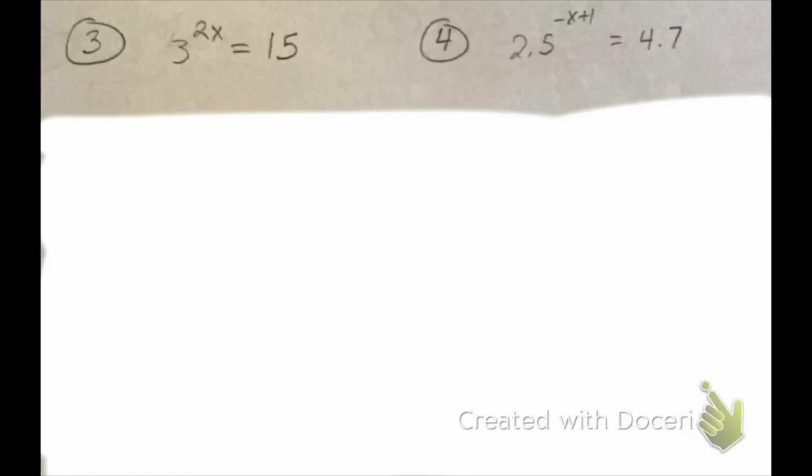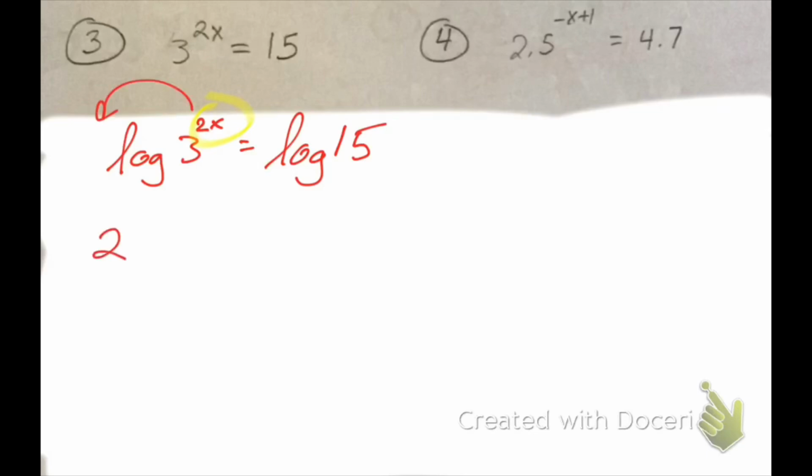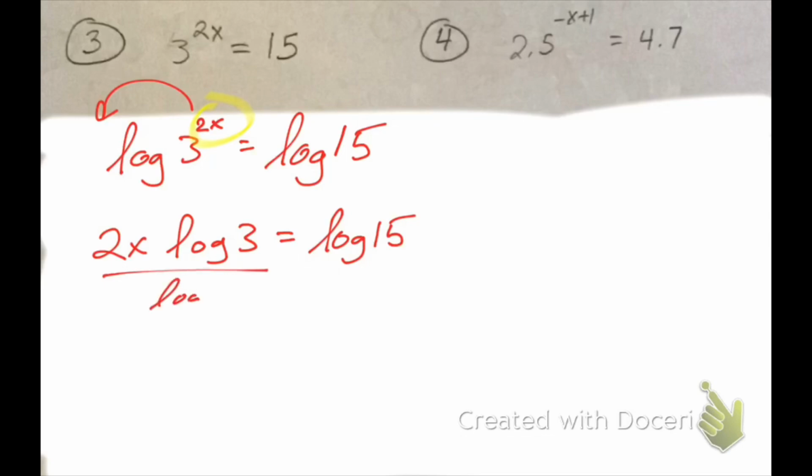Number 3. Now this one, I can't write 15 as 3 to a certain power, so I have to use a different method. And for this method, what we're actually going to do is take the log of both sides. Just like that. Now I'm going to plug it down, so 2x times log of 3 is equal to log of 15. I'm going to divide by log of 3.